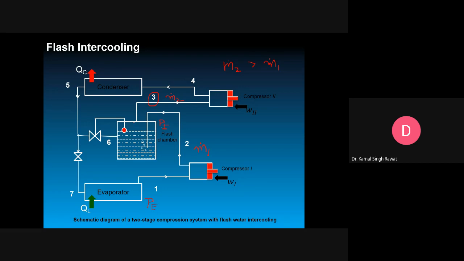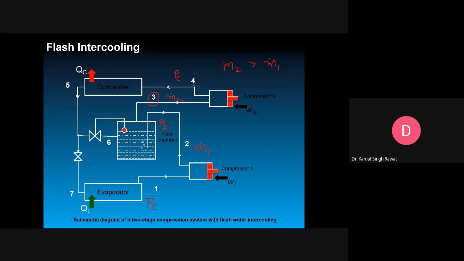At the outlet of this flash chamber, we have saturated vapor at the intermediate pressure PI. This vapor enters the second compressor, where isentropic compression occurs, and at point 4 the pressure is the condenser pressure. So pressure is increased from PI to PC in the isentropic compression.